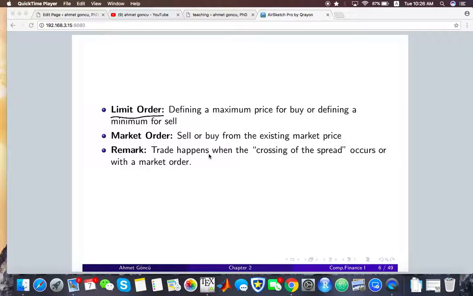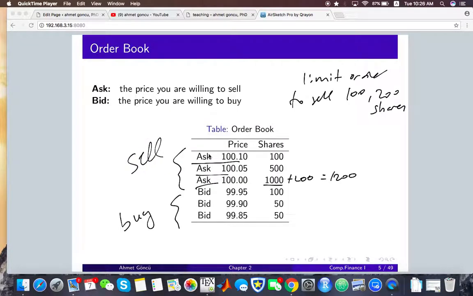The market order sells or buys at the existing market price. And remember, by just giving a limit order, you cannot execute a trade. The important thing is someone else should cross the spread. For example, if I want to make sure that I can buy this asset, let's say this is IBM stock, then I should cross the bid and go to the ask side, where the best price is $100.